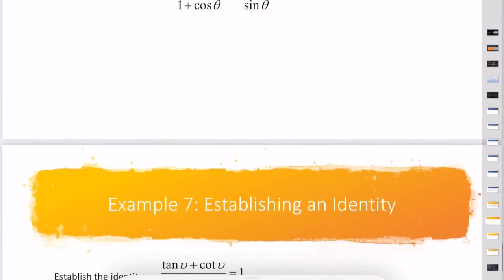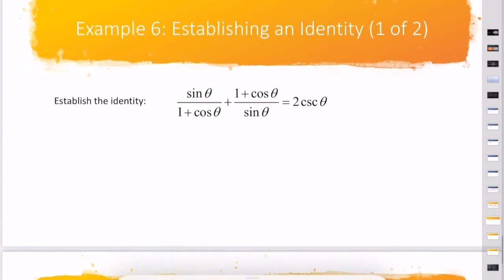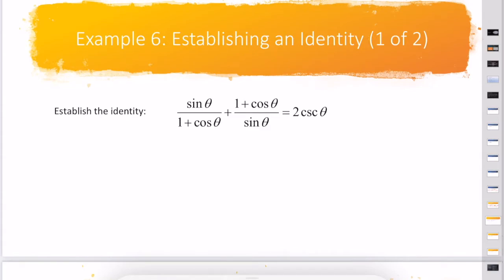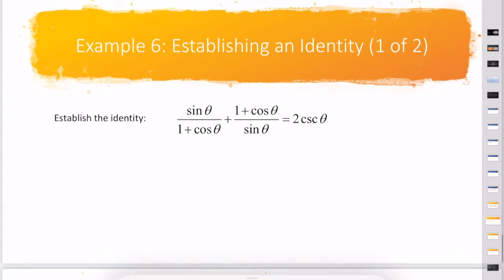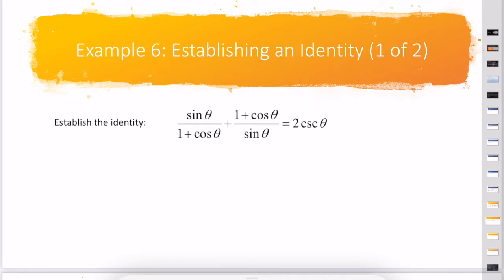So I have sine of theta over 1 plus cosine theta plus 1 plus cosine theta over sine of theta equals 2 cosecant of theta. So we're going to start with what we have on the left and somehow get to what we have on the right. And remember, we're adding, so we can't just cancel out all these sines and cosines.